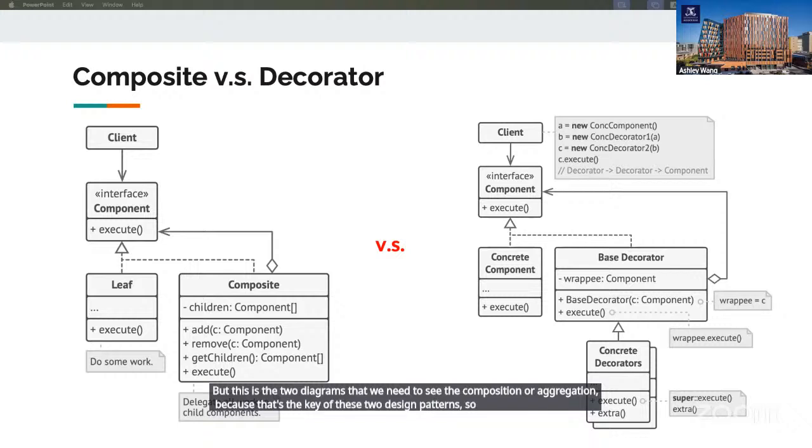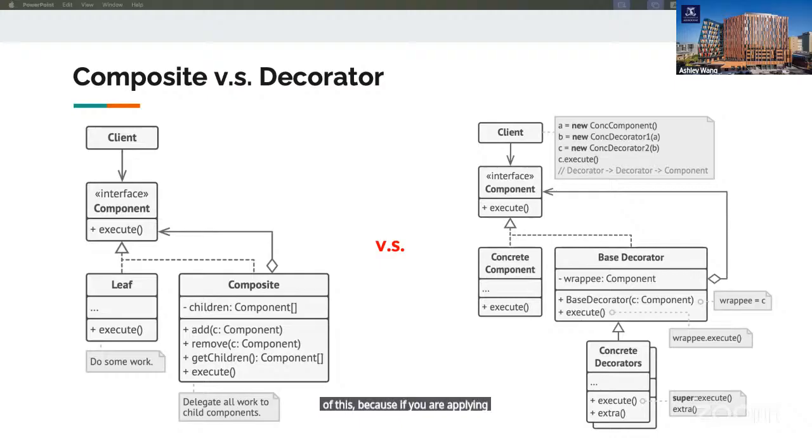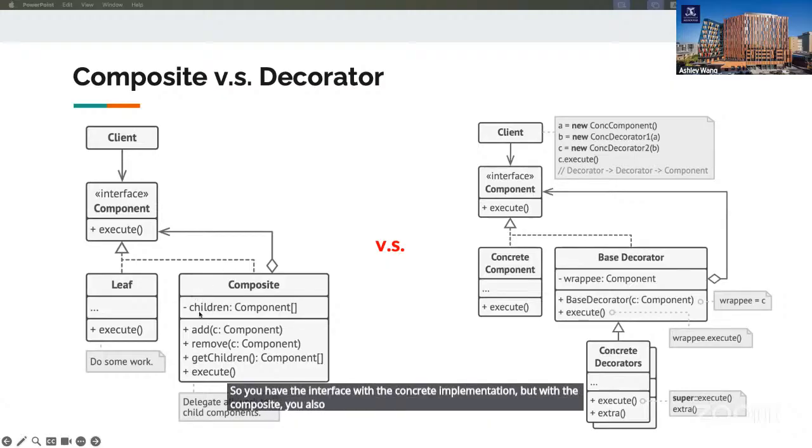So it's really important for you to be aware of this, because if you are applying these two patterns, we need to see that. With the composite pattern, you have the interface with the concrete implementation, but you also have an array list of these components. And with the decorator, you also have that.